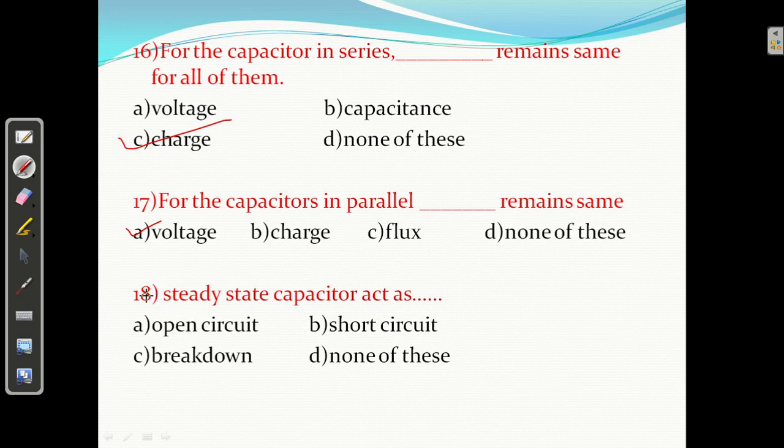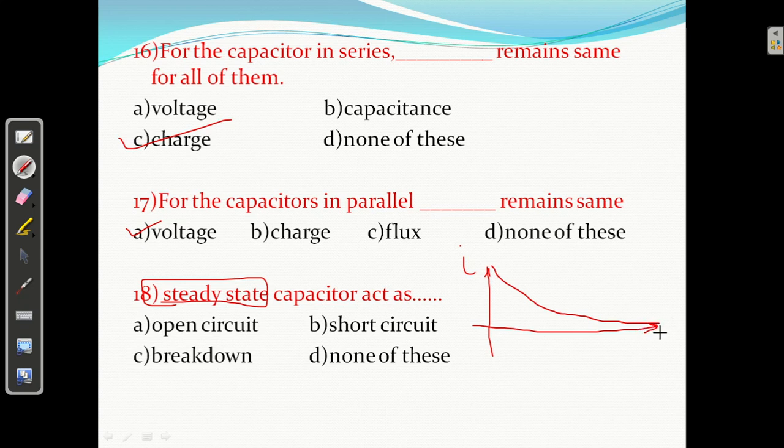Question number 18. At steady state the capacitor acts as what? Steady state means the final condition of current. If you are charging or discharging, current will always reduce to 0.